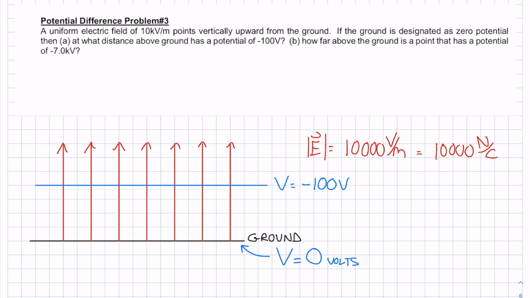And so that's why we're giving it a negative 100, because it has to go from a higher to a lower value. If 0 is the high value, then anything lower than that is going to be a negative value. And our goal here is to find that distance d above the ground where that negative 100 volt is.